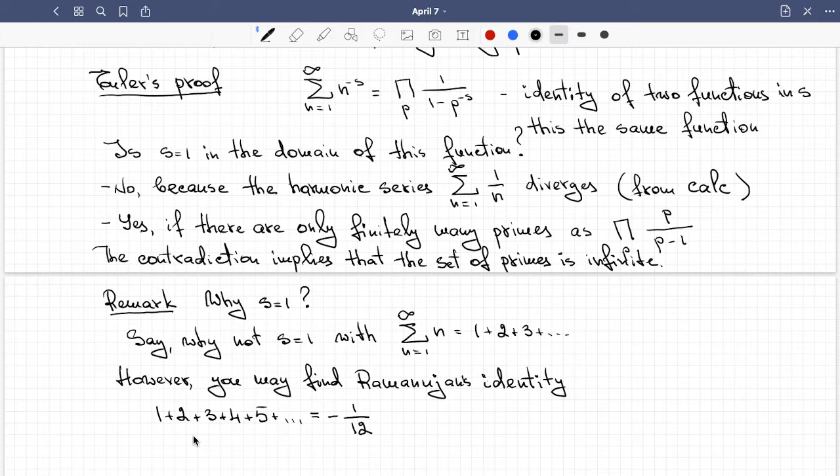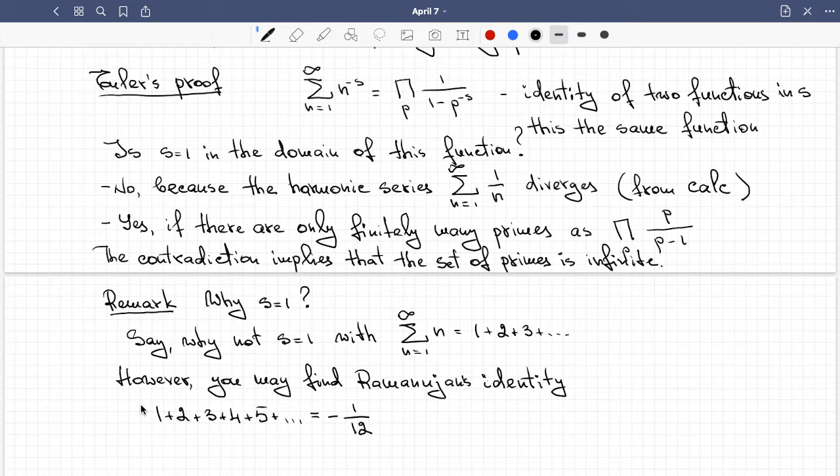You have to make sense out of that, and that requires something different from elementary number theory. To understand this kind of identity, you need the concept of analytic continuation, which is advanced complex analysis, not elementary number theory, which we study in this class.